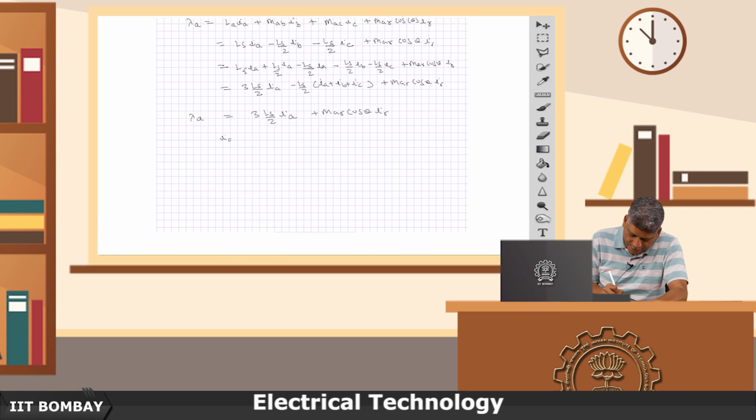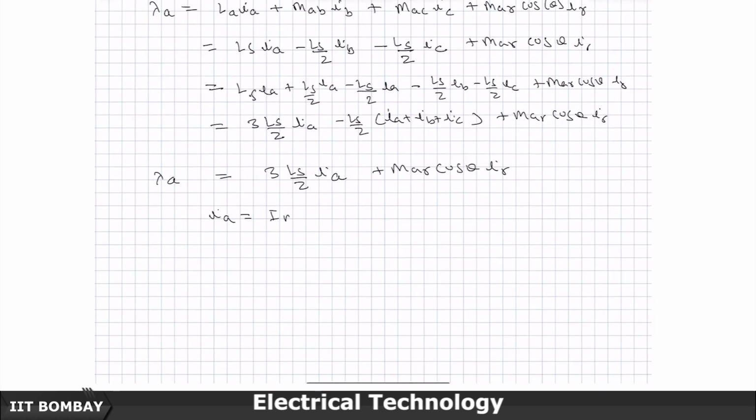Now, IA I can write as Im cos of omega s t, and of course, then you know that IB is Im cos of omega s t minus 2 pi by 3, and IC is Im cos of omega s t plus 2 pi by 3, that you know.